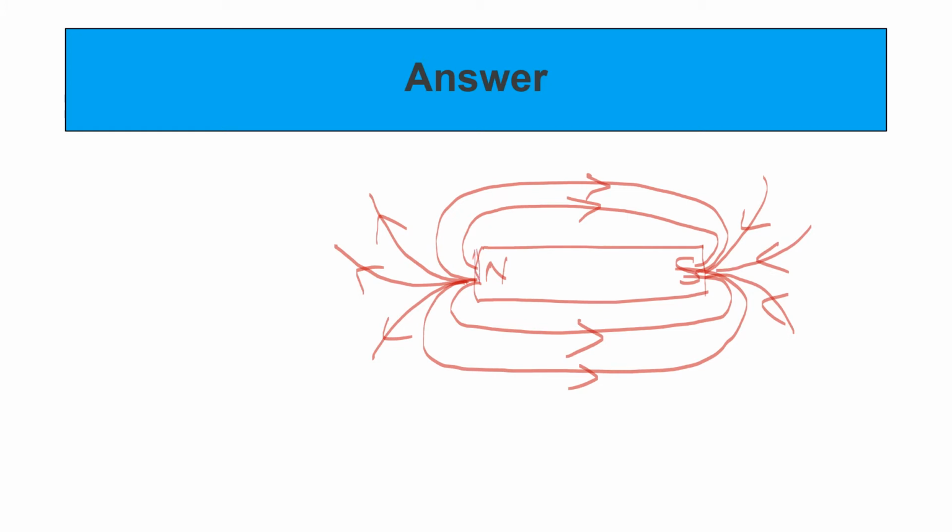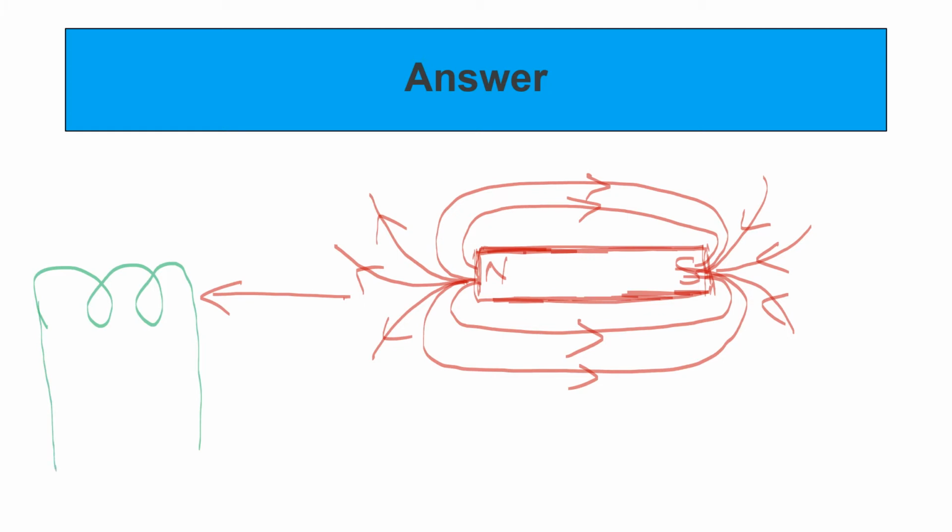And if this bar magnet is moved in this direction towards the coil which is kept here, and this coil is connected to a galvanometer, what happens to these magnetic field lines?